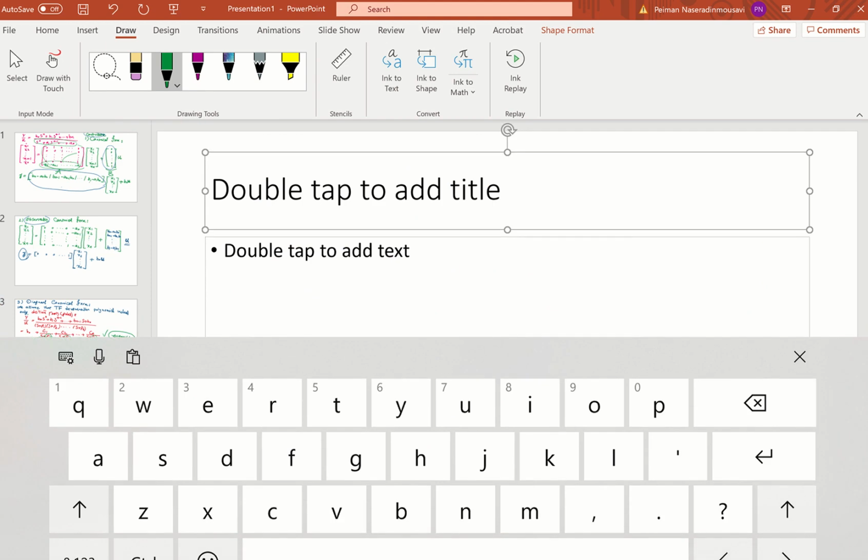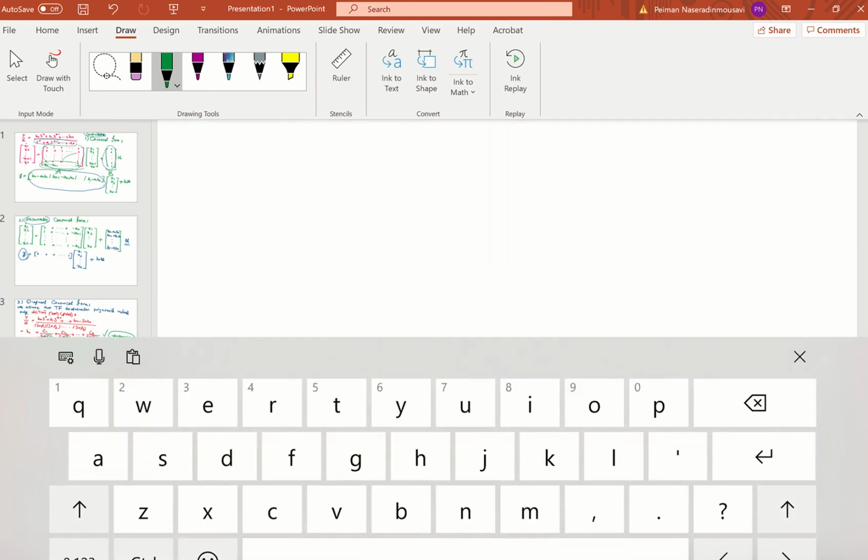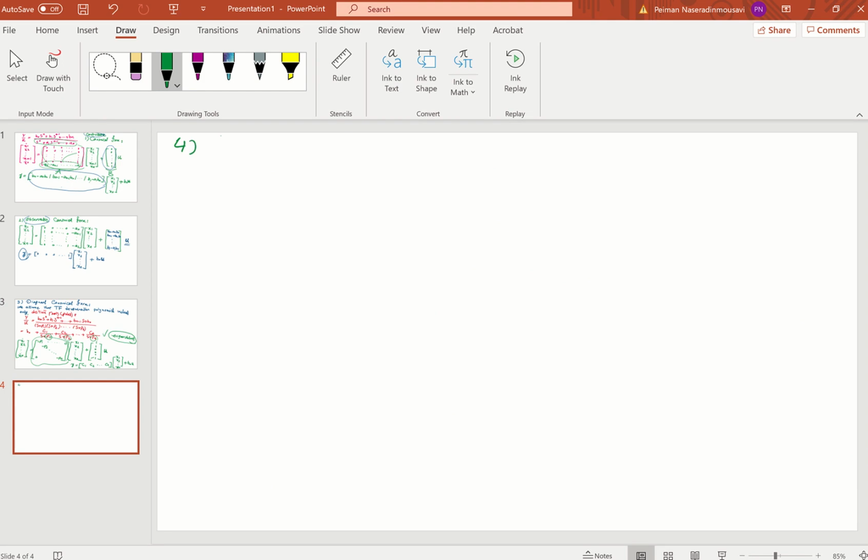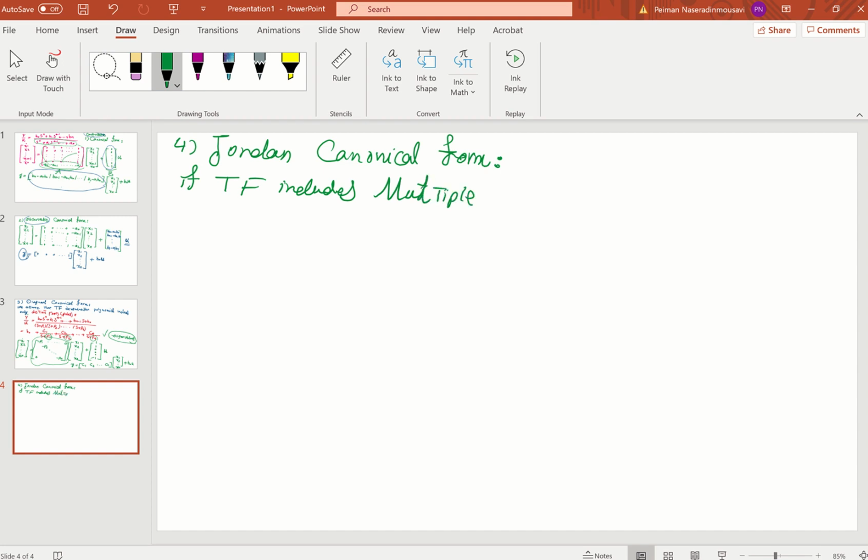The fourth one is the Jordan canonical form. If the transfer function includes multiple roots, what's the meaning of that?